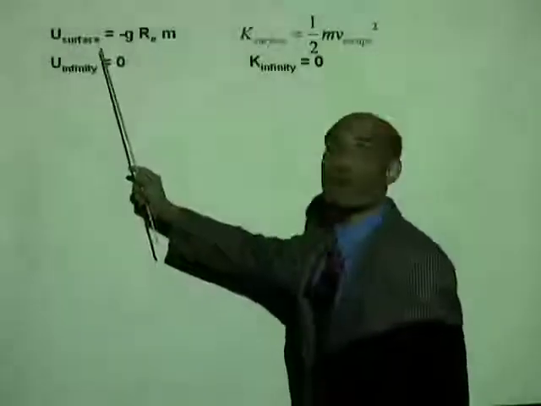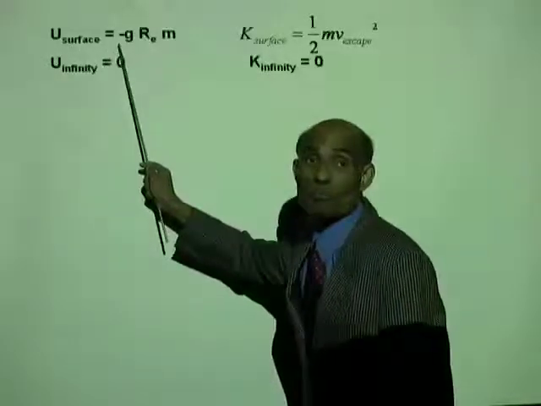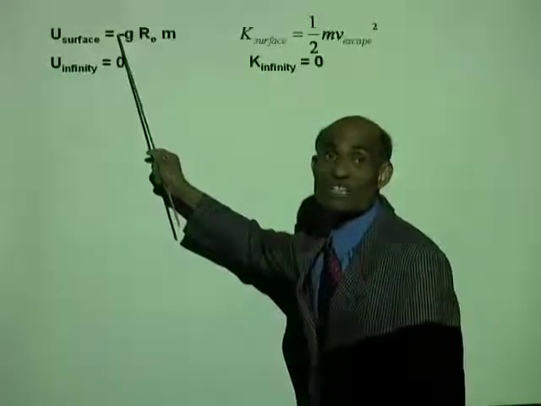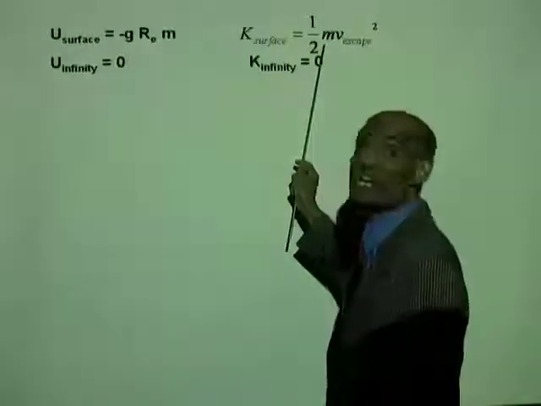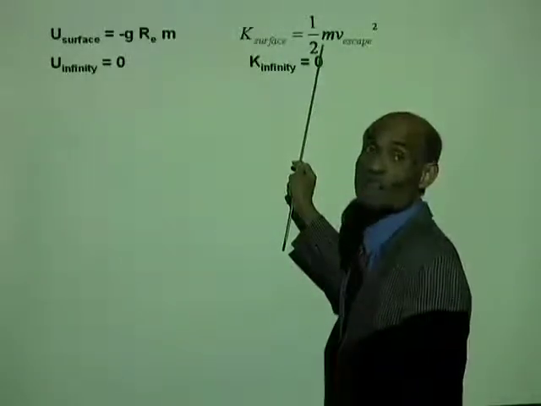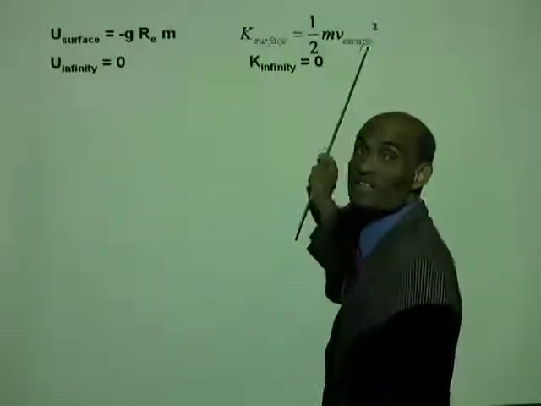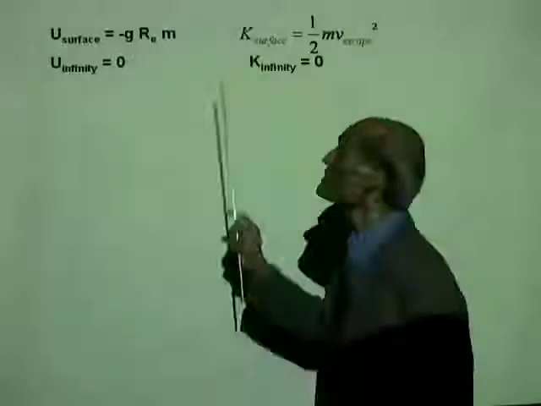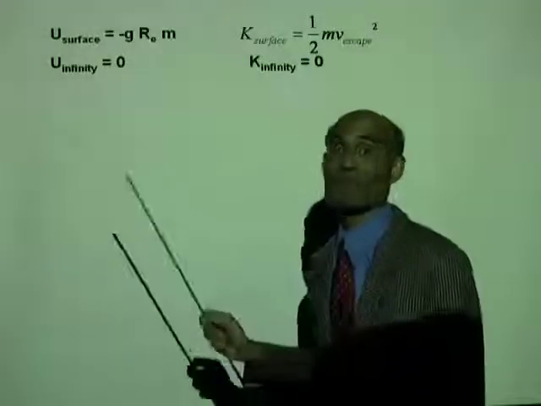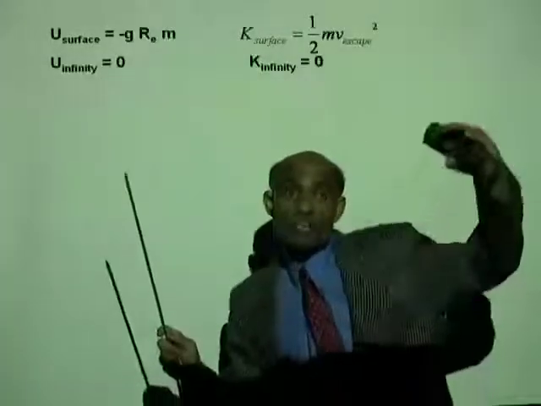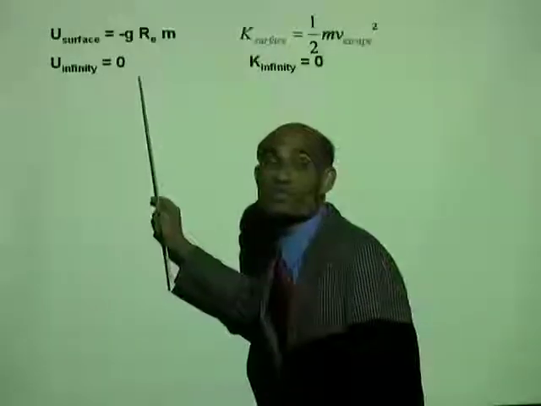Well, we have all these values. On the surface of the Earth, the potential energy of the object is -gRₑm. And if you throw the object with a velocity v_escape, its kinetic energy, the moment you project it, will be ½mv_escape². When the object reaches infinite distance from the Earth, its potential energy will be zero.